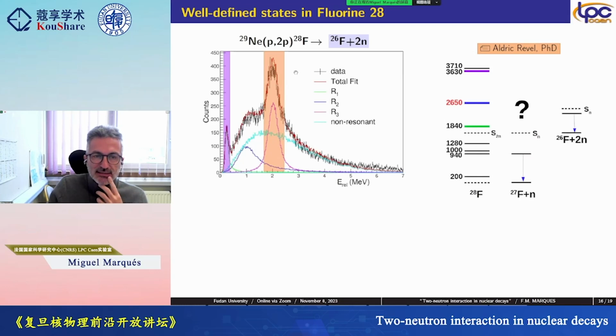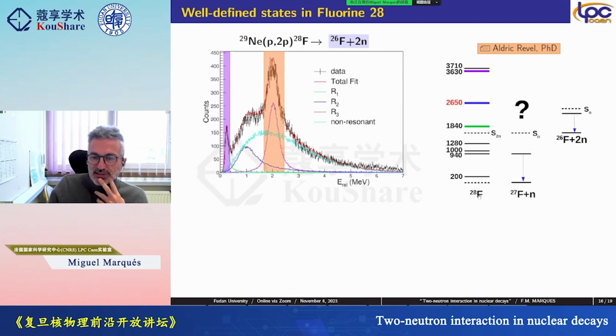And in this case, fluorine-28 can decay into fluorine-27 plus 1 neutron or fluorine-26 plus 2 neutrons. This is the spectrum for fluorine-26 plus 2 neutrons. And you see here a very narrow peak, a broader one, and another one here. And this is the level scheme.